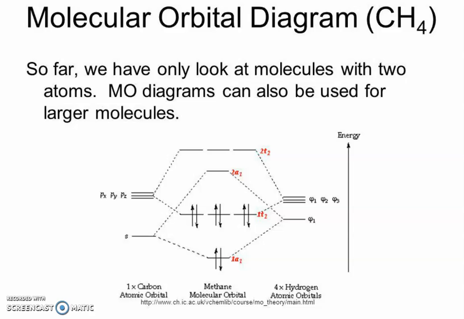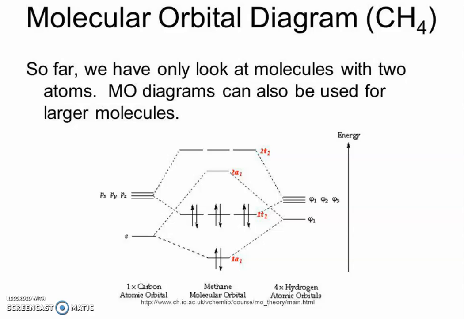So far we have only looked at molecules with 2 atoms. Now we will see that the molecular orbital diagram can also be used for larger molecules like CH4. Here you can see one carbon has 6 electrons and 4 hydrogens, with 4 hydrogen atomic orbitals and the carbon atomic orbitals forming the methane molecular orbitals.